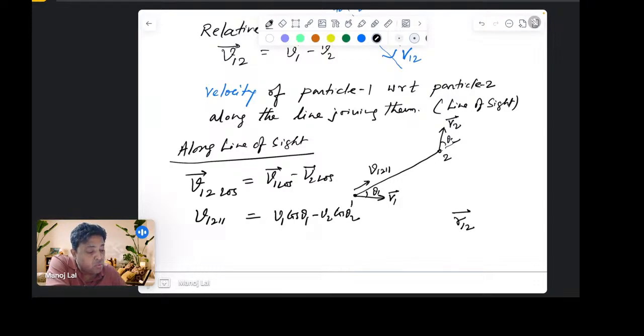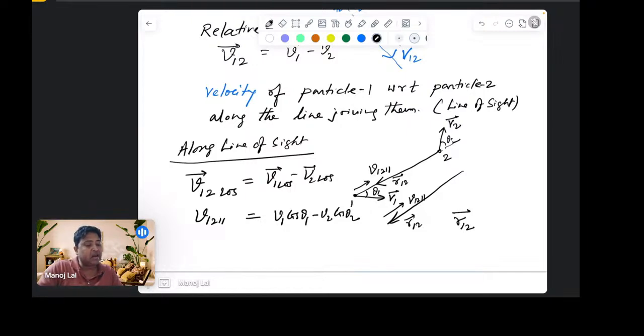To be careful, this is the R12 vector, and this one is the V12 vector parallel to the line of sight.